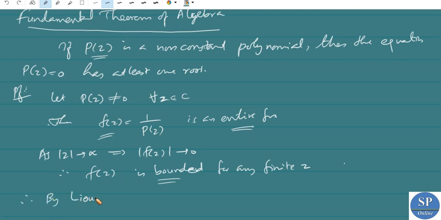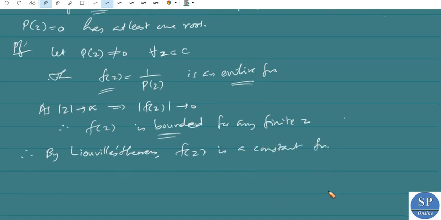Therefore, by Liouville's theorem, f of z is a constant function. Since f of z is equal to 1 by p of z and f of z is a constant function, therefore p of z is also a constant function.